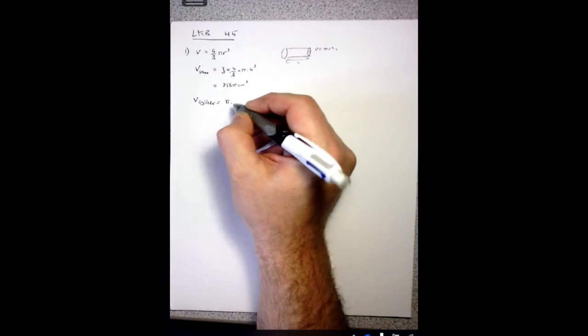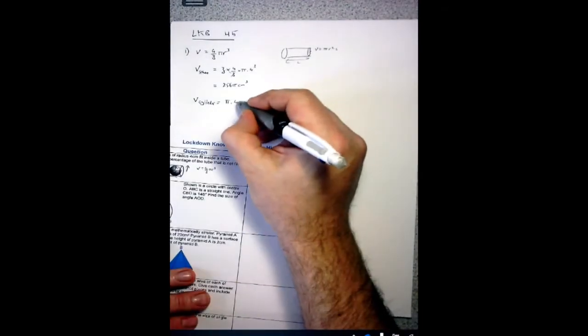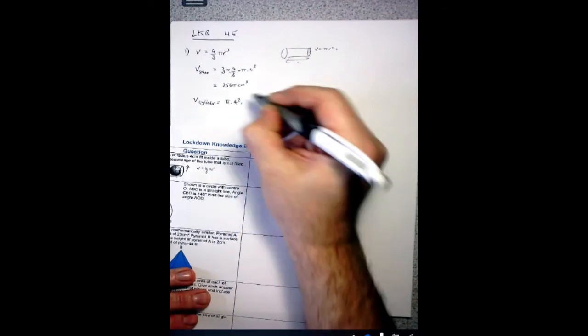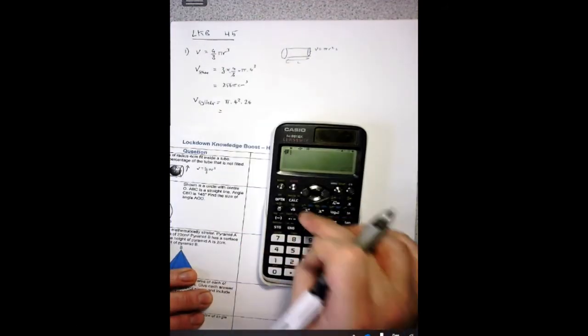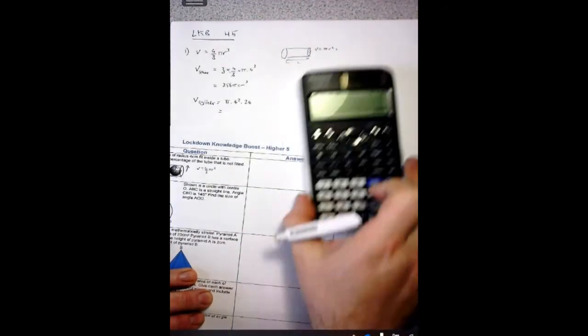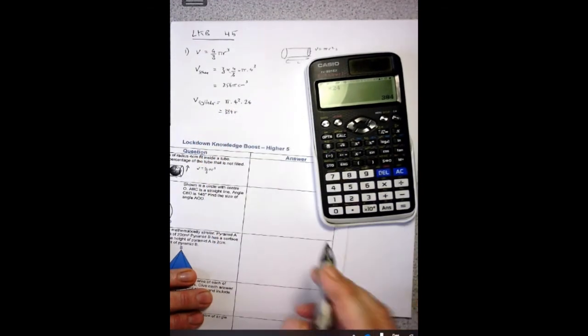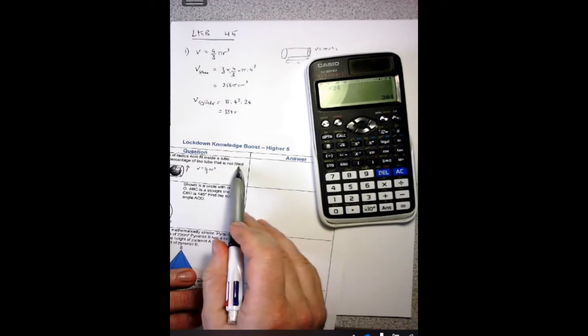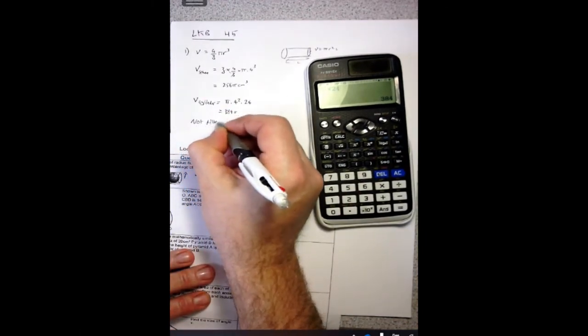The percentage of the tube that is not filled is going to be 384 pi take away 256 pi. And it's the percentage of the cylinder. Clearly my pi's cancel out. 128 divided by 384 is 1/3.